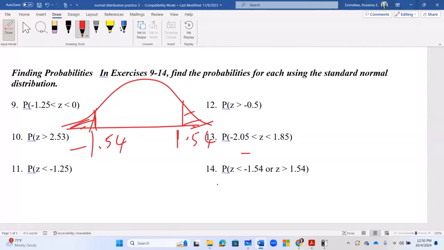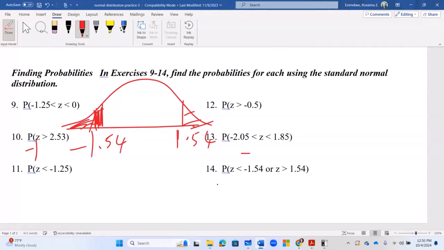Therefore, we're going to take advantage of the normal curve symmetry. All right, so let's do that. All I have to do is find the left side and multiply it by 2. So I'm going to find the left side.